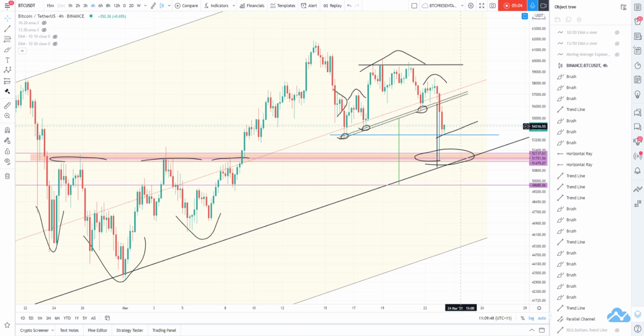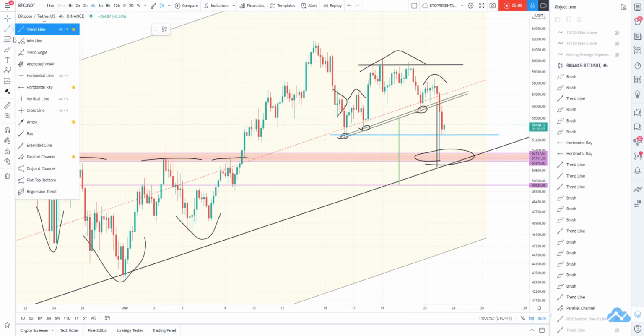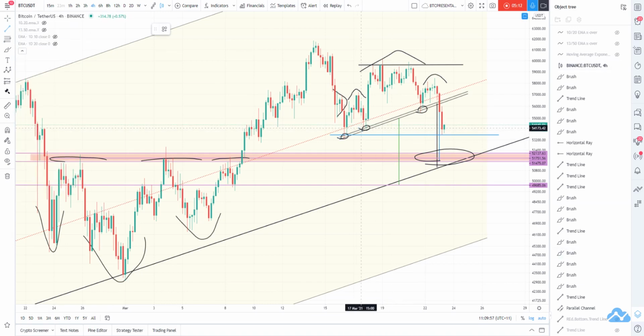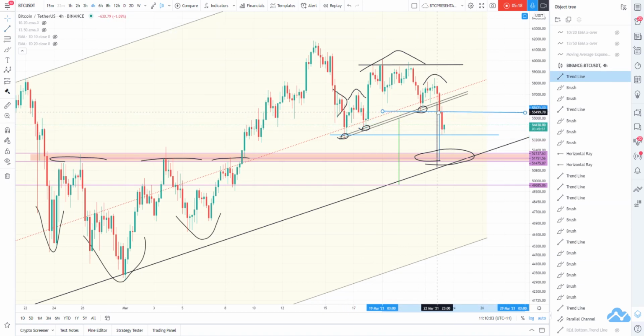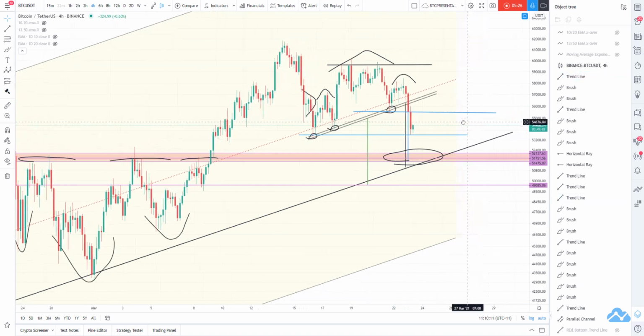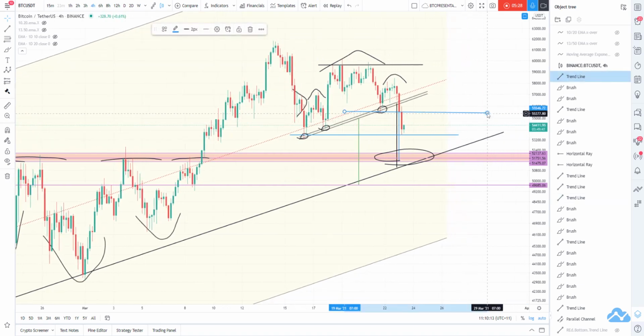Now, where can that short go to? Well, there's two levels that I'm thinking. One is this that stands out, which is already there, so that's not going to help. And the other one is here to that connection there. As you can see, the body of the candle found resistance. So we've got 2 points of resistance at this level, which is roughly 55,500.